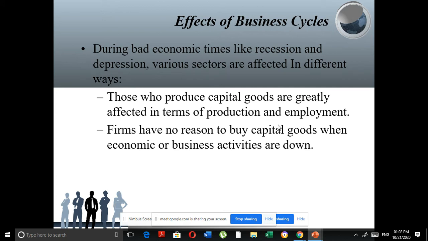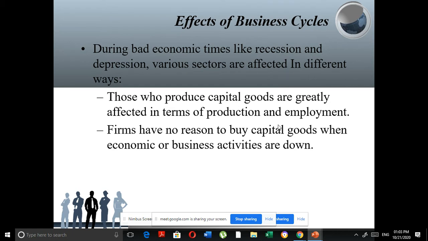Now, effects of business cycle. You know, in America, during the Great Depression that happened in 1929, Keynesian economics was developed against this background. The length and severity of the decline in economic activity were unprecedented.